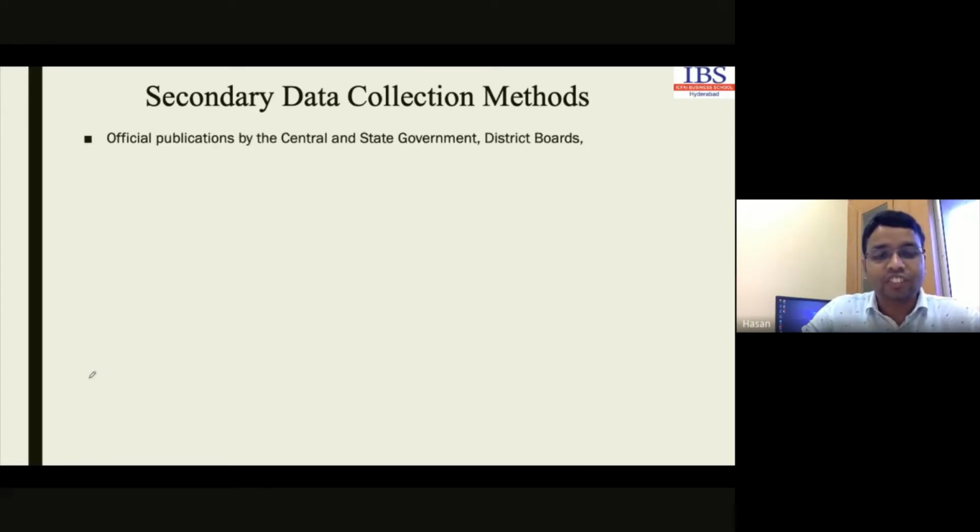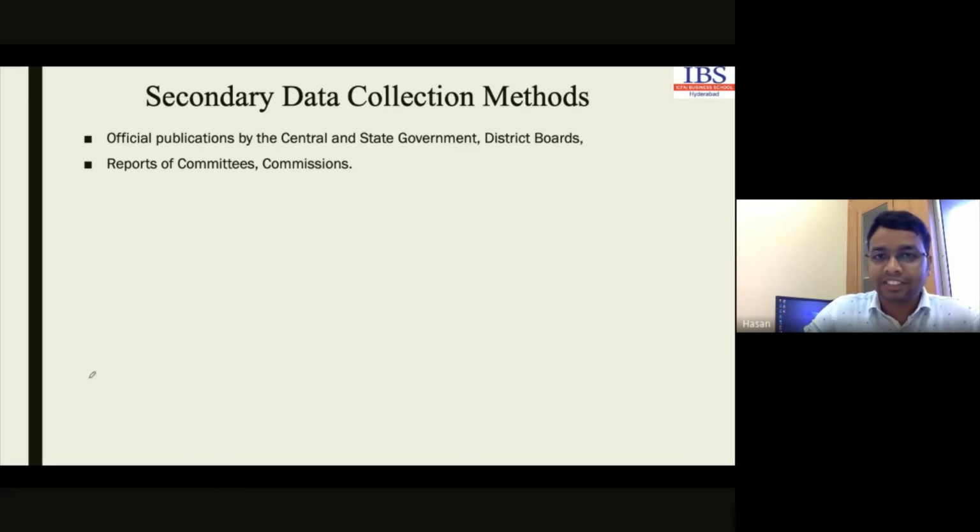The very first one is official publications. Whether government offices or private offices, they collect the data, process it, and publish the processed data. So this is secondary data. Another one is reports of committees and commissions.